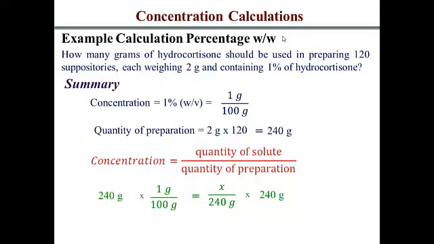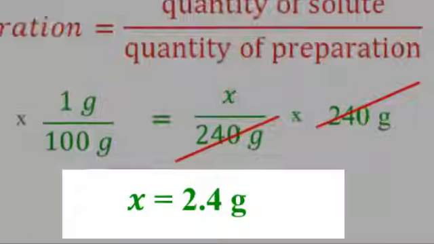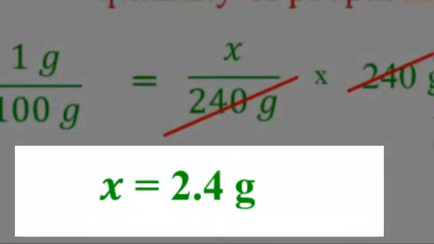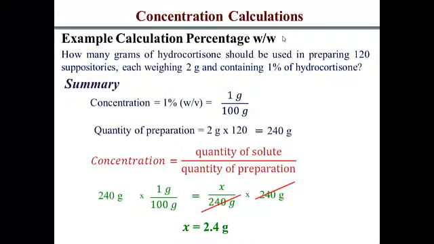So we go ahead, we solve for x, we can multiply both sides by 240 grams. The 240 grams cancel out on the right hand side, and you end up having x equals 2.4 grams. Right, so it's quite straightforward once you process the question correctly.